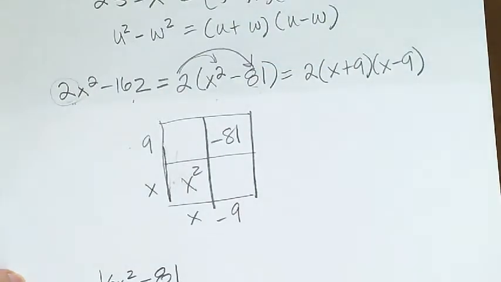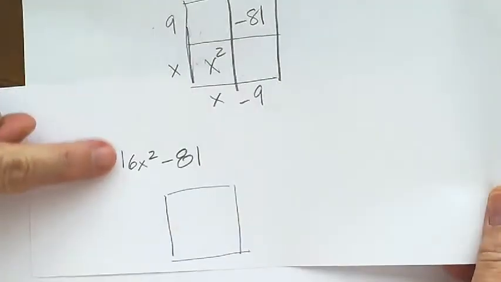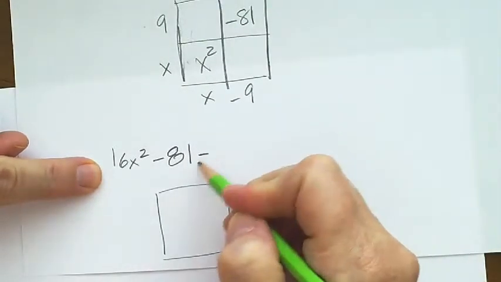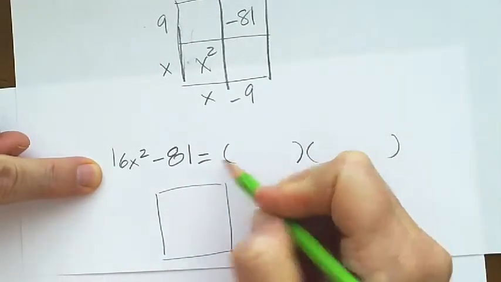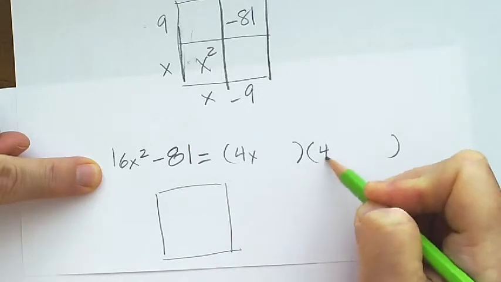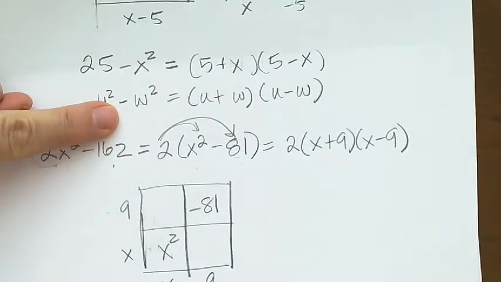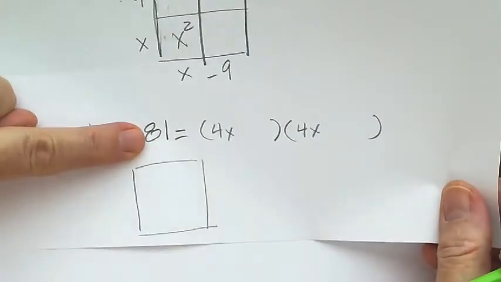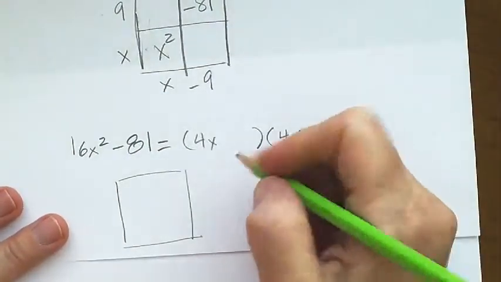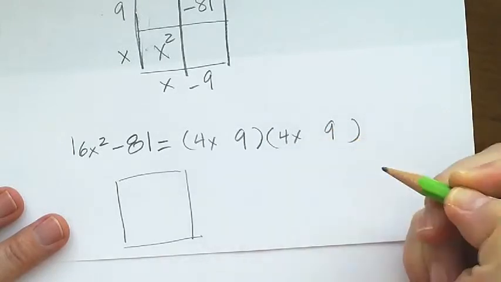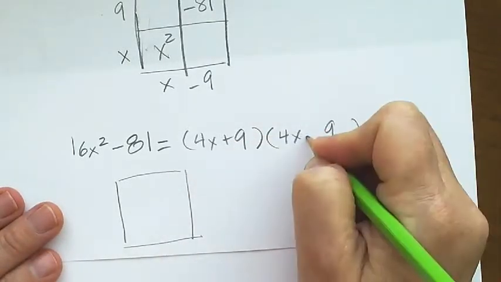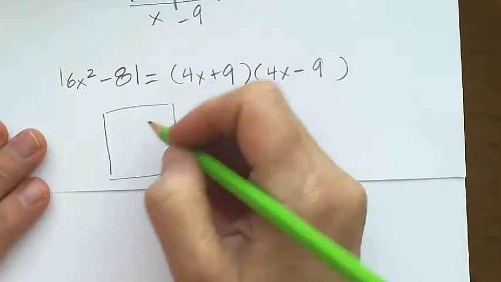So if u squared is 16x squared, what's u? 4x. If w squared is 81, what's w? 9. So this is going to be 4x plus 9, 4x minus 9.